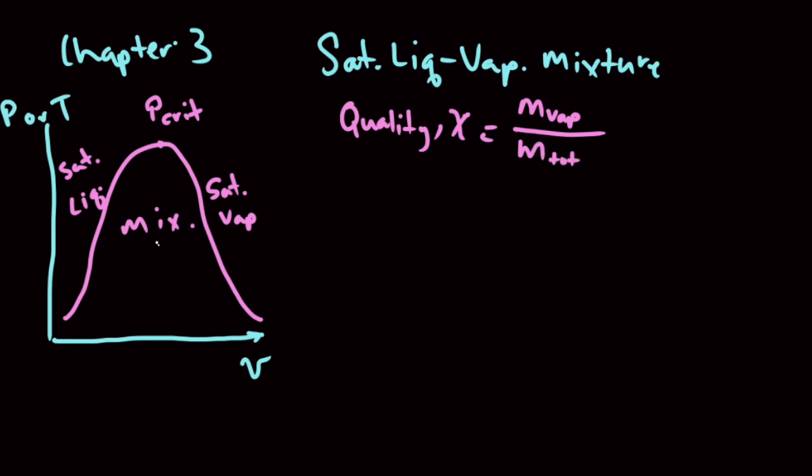So if we look at a point somewhere in here, roughly in the middle between saturated liquid and saturated vapor, at that point we want to know the mass of the vapor divided by the total mass.